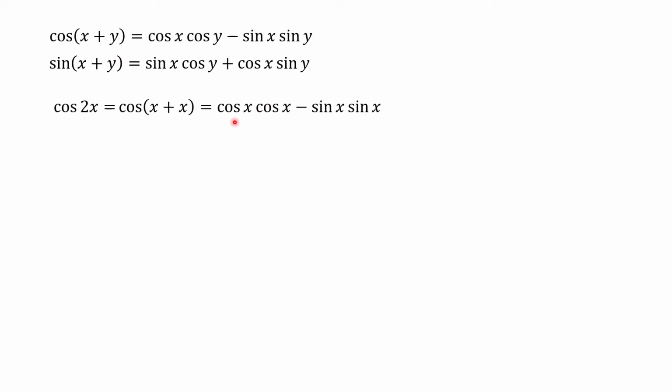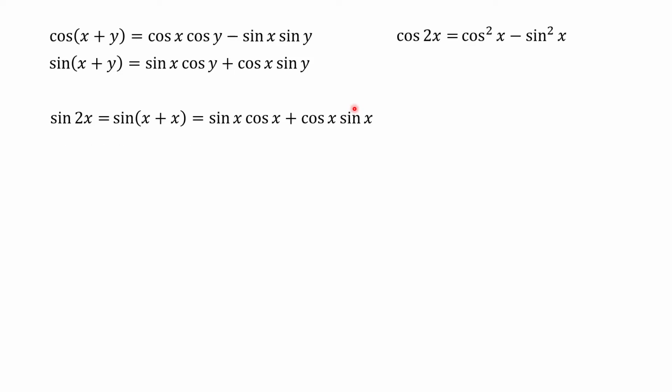Now I have cosine x times cosine x minus sine x times sine x. So cosine times cosine is cosine squared, sine x times sine x is sine x squared. And this is our working formula for cosine of 2x.